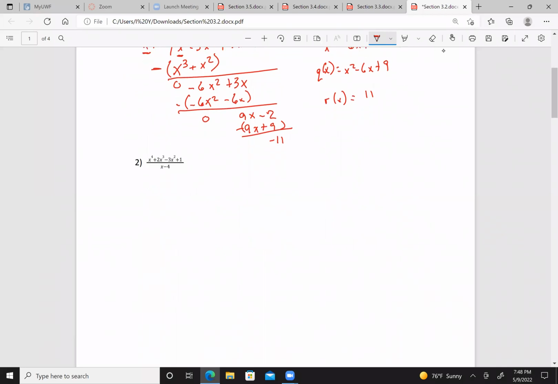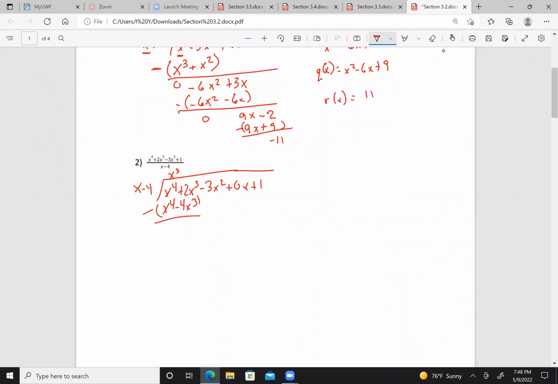Okay, so let's look at another one. Here we have a fraction, same thing: x minus 4 into x to the 4th plus 2x to the 3rd minus 3x squared. We don't have an x term, so we just put plus 0x plus 1. So now x times x cubed gives me x to the 4th, and then we have minus 4x cubed.